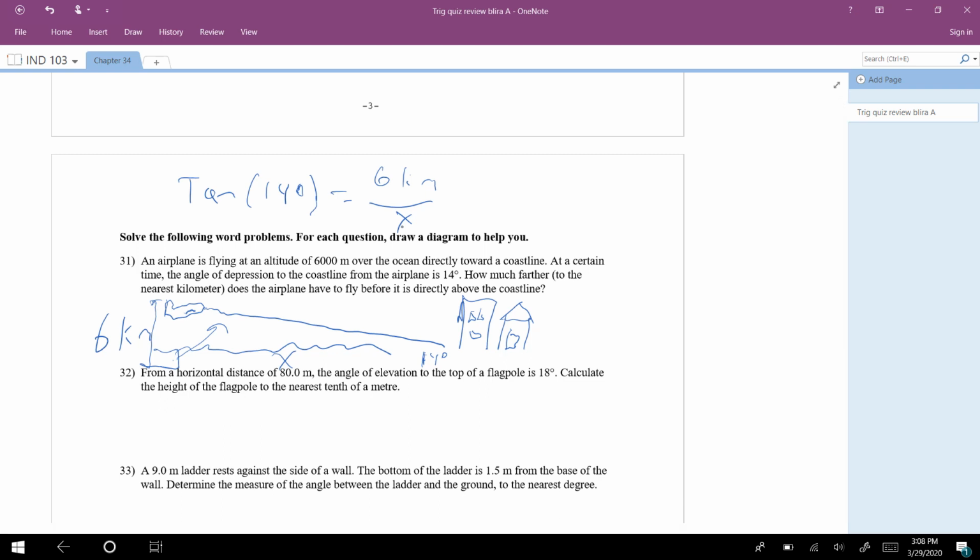We're going to rewrite it. x equals 6 over the tangent of 14 degrees, which is equal to, drum roll please, 6 divided by tangent of 14 degrees, 24 kilometers. And that will do it.